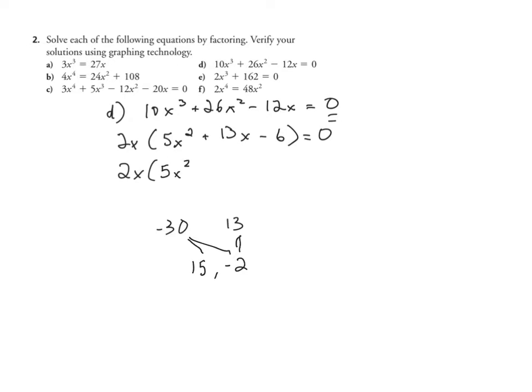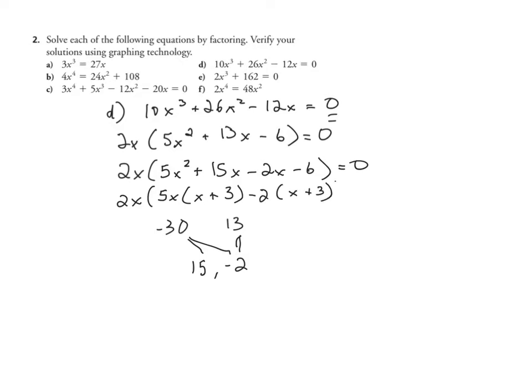5x squared plus 15x minus 2x minus 6, which means I could pull out a 5x from these two, x plus 3, and I could pull out a, let's see, minus 2 from these, and you get an x plus 3 equals 0.